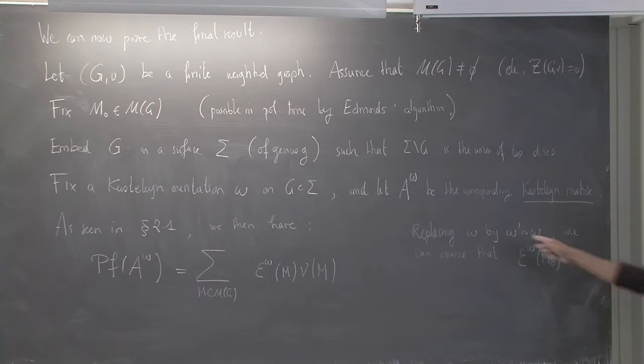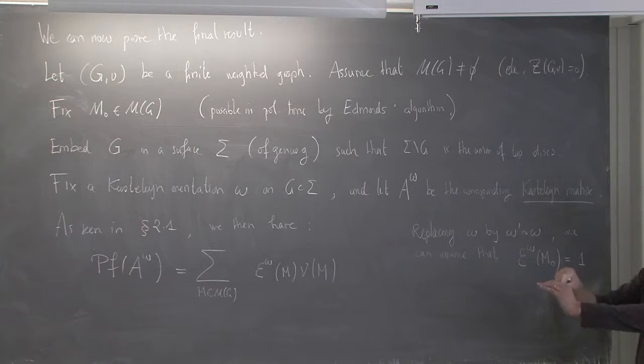If it's not, you replace omega by omega prime by just switching around a vertex, and it's going to change the sign of this.